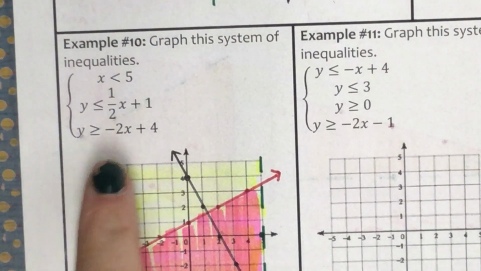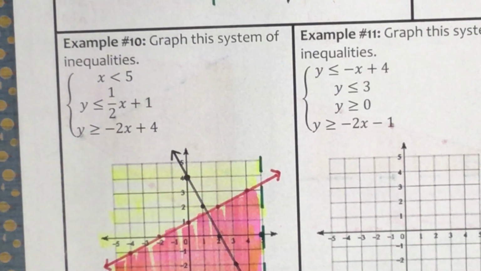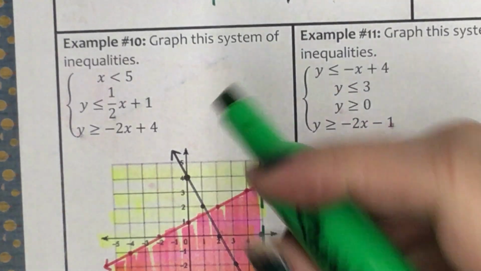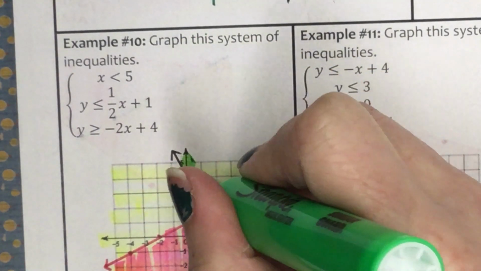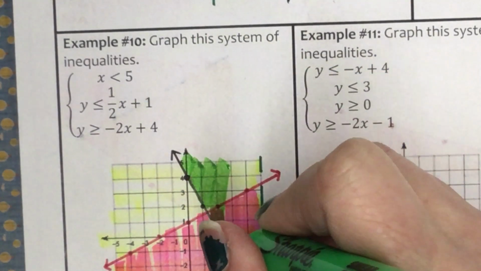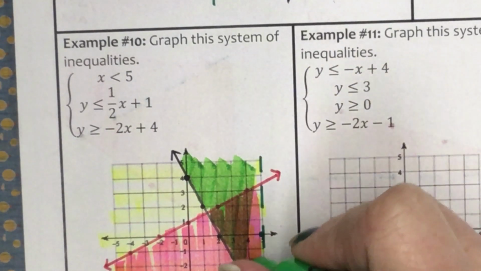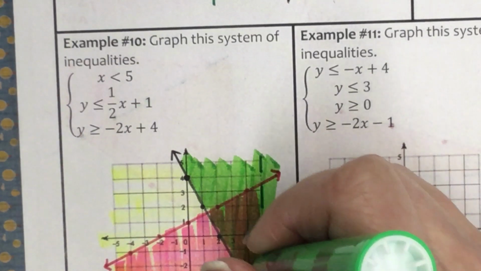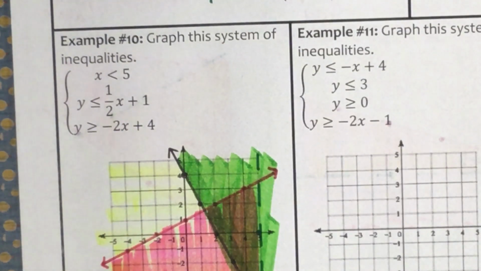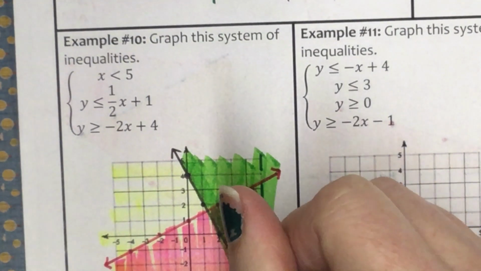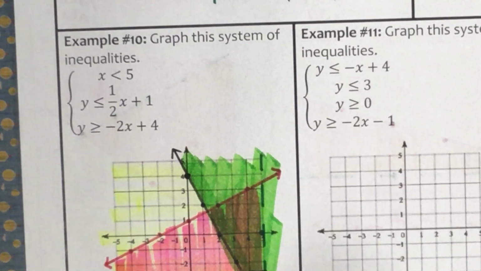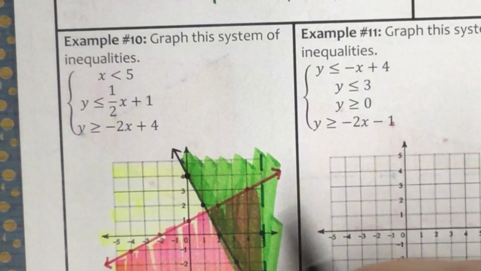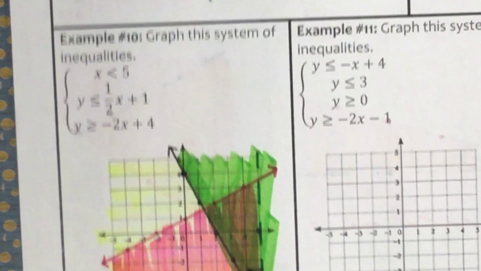And then we want y to be greater than or equal to that black line, so we're shading above the black line. We can see this lovely spot right in here where all of the shading overlaps, so that is our solution. Any point within this area is going to make all three of those inequalities true.